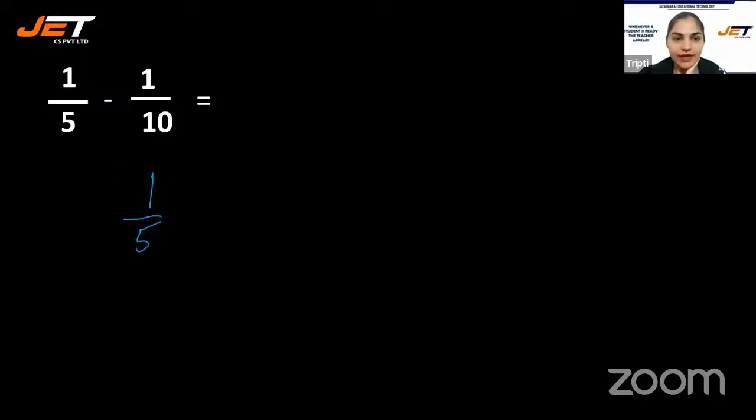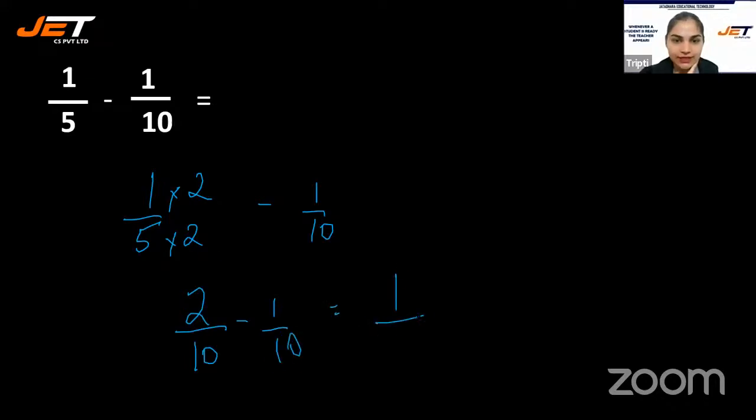So 1 by 5 minus 1 by 10, just making the denominator same. Here I got 1 by 10 as the answer. 1 by 5 minus 1 by 10 is 1 by 10 only.